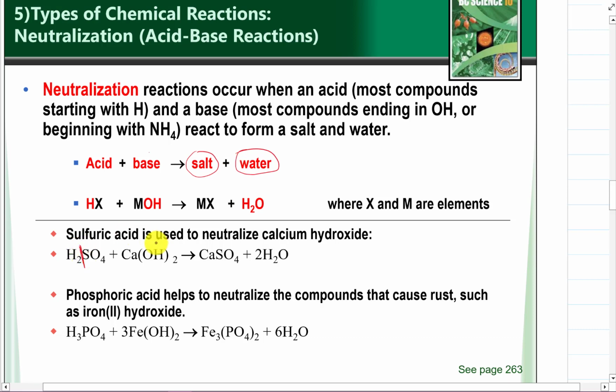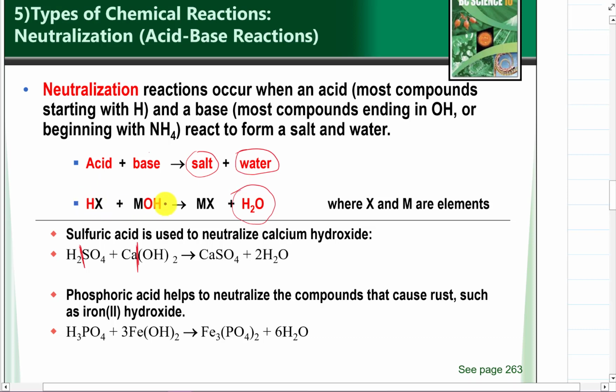So we have the acid and the base. We create the salt and water. As always, it always has water. So that's a quick way to determine if it's a neutralization.